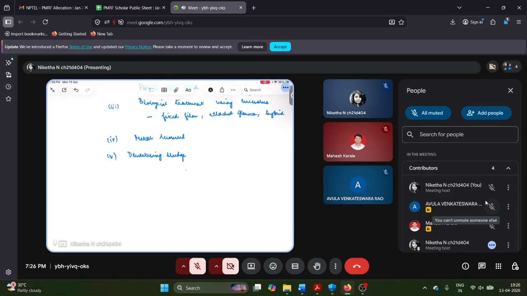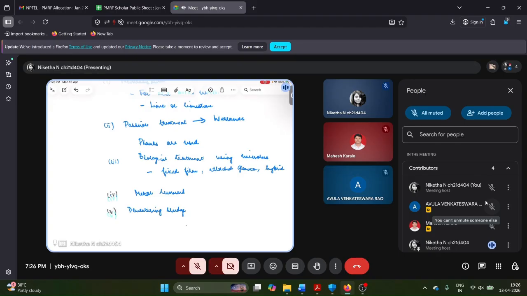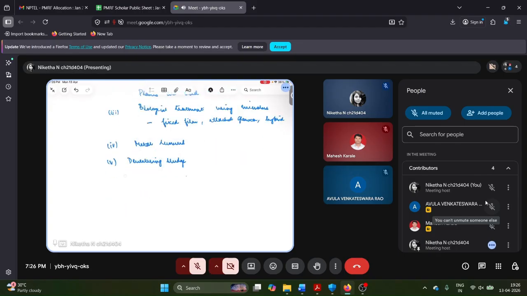Now, active methods are preferred over passive methods.